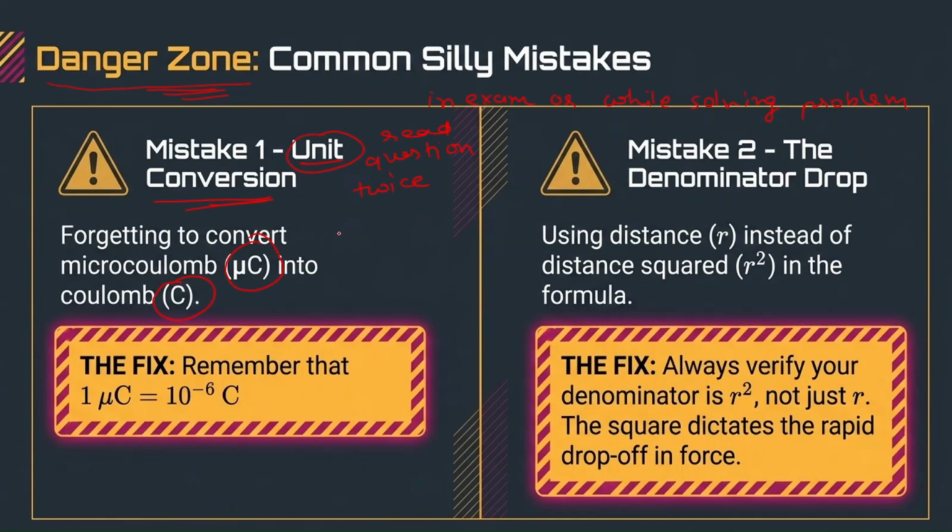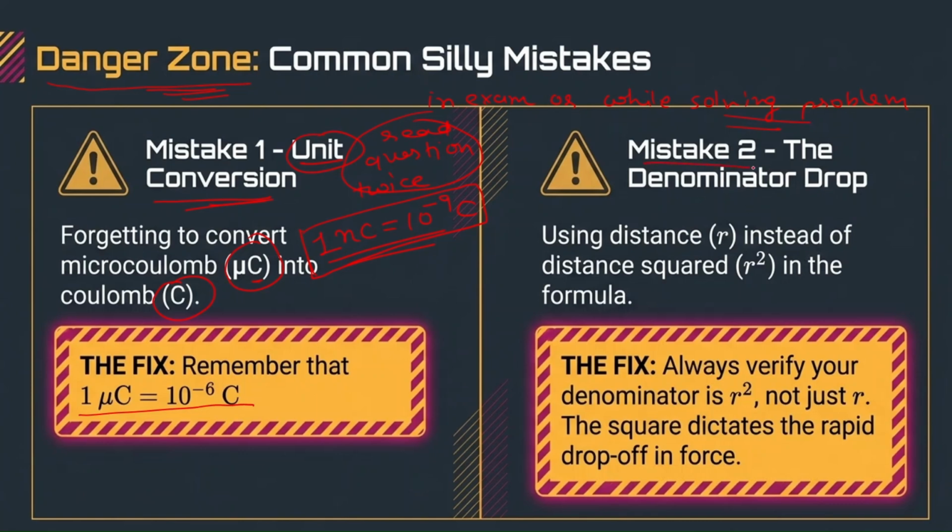Sometimes they will give nanocoulomb. So, what is a nanocoulomb? 1 nanocoulomb is 10 raised to minus 9 coulomb. So keep in mind while solving a problem, read the question twice and check the unit. I write like this, and write it down in your book.